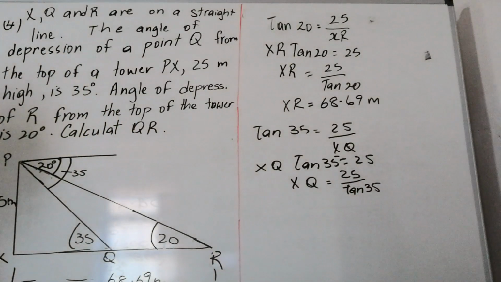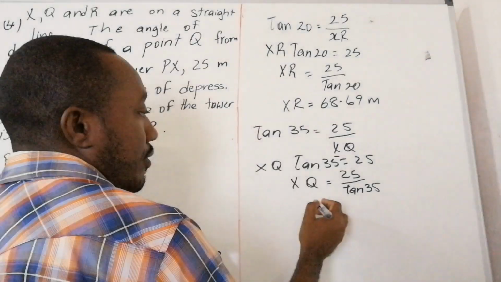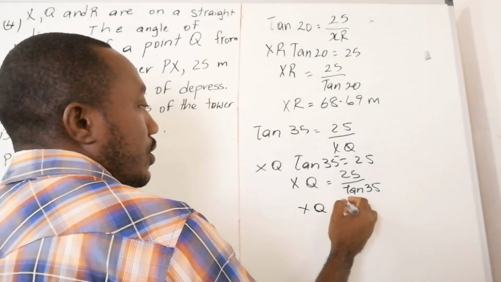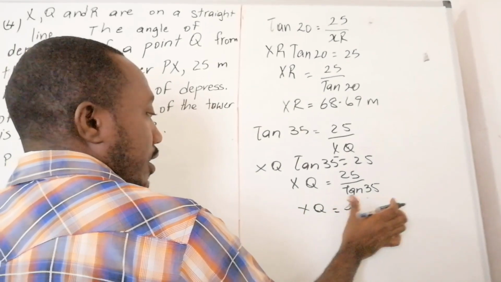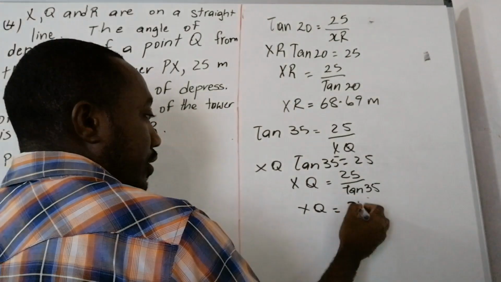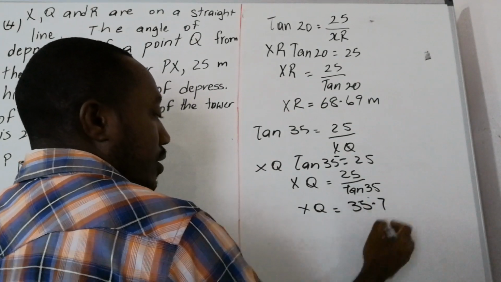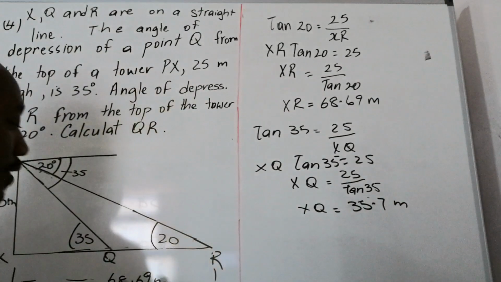So now we have 25 divided by tan 35, and here we will have XQ equal to 35.7 meters.